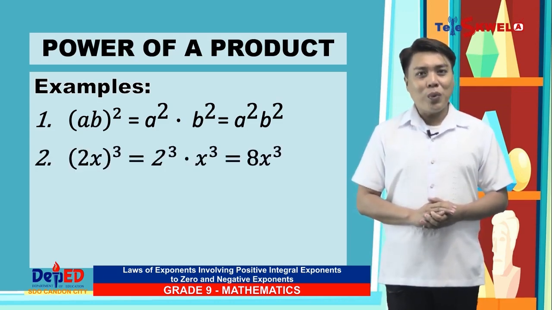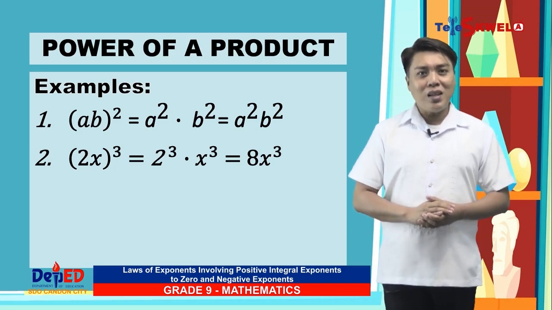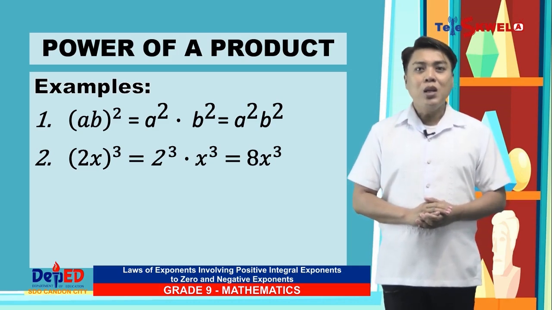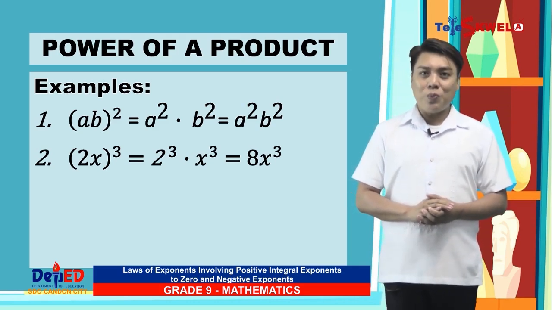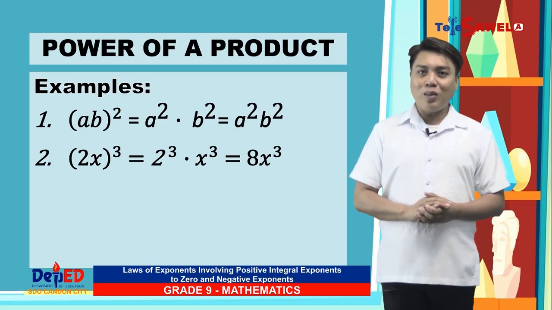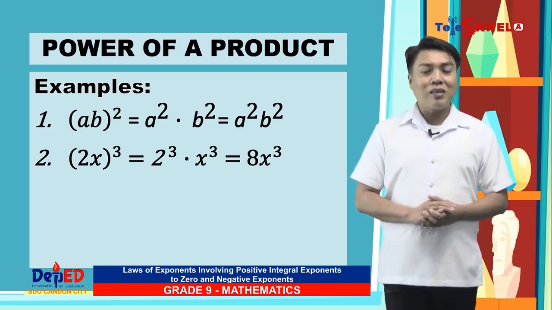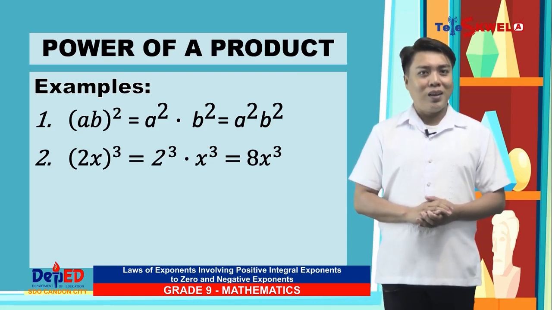power. Number 2, the quantity 2x raised to the third power is equal to 2 raised to the third power times x raised to the third power, is equal to 8x raised to the third power.